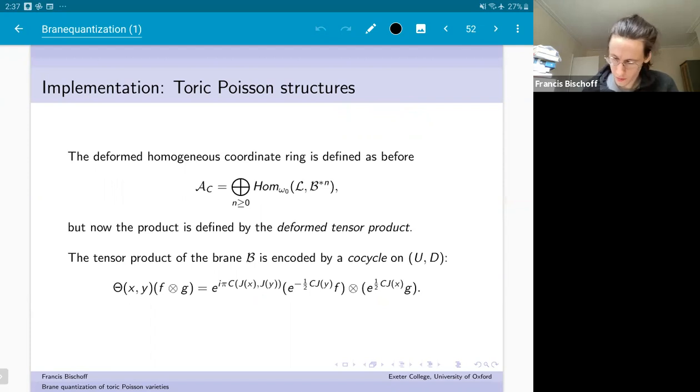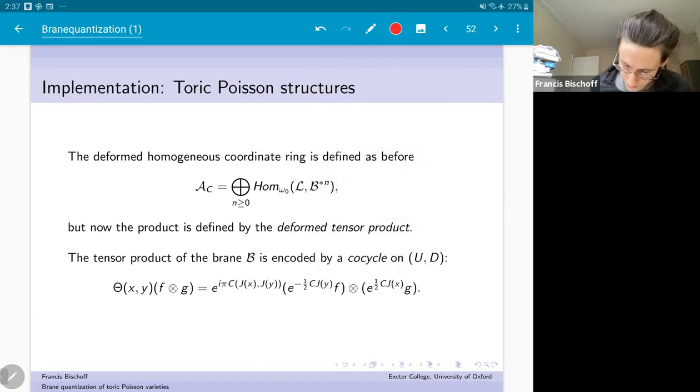Okay, so just one final thing. If we want to get the deformed homogeneous coordinate ring, what we're going to do now is take the tensor powers of the brane, and take the homomorphisms from L to these tensor powers. And then the product is going to be defined by the tensor product. But now it's given by the deformed tensor product.